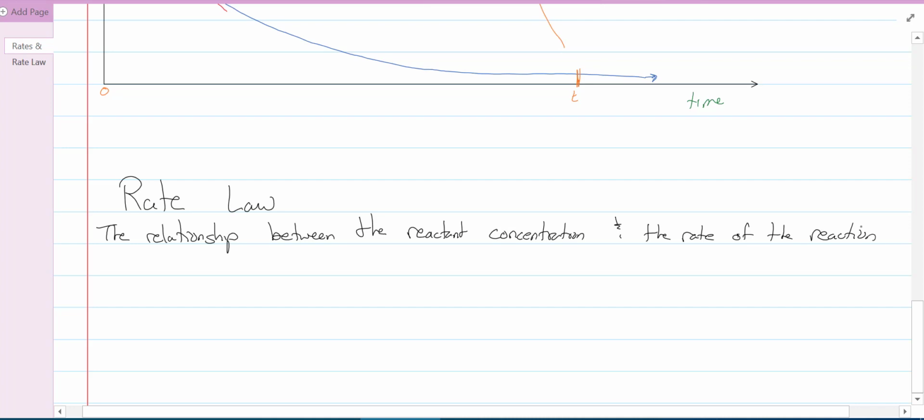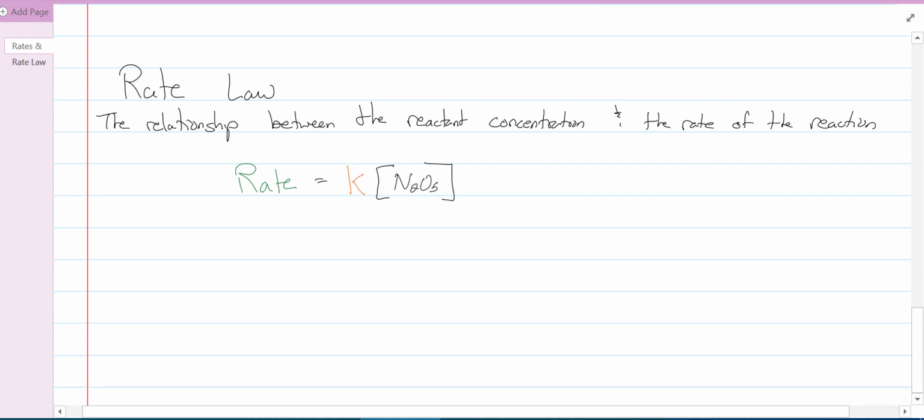So my rate is going to be equal to some rate constant k times the concentration of my reactant. So this is any reactant.